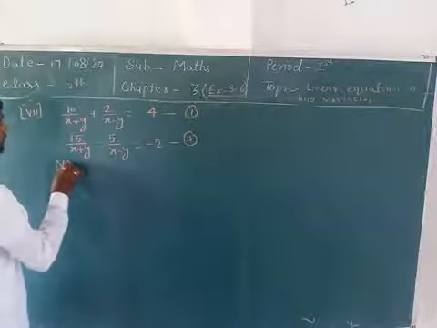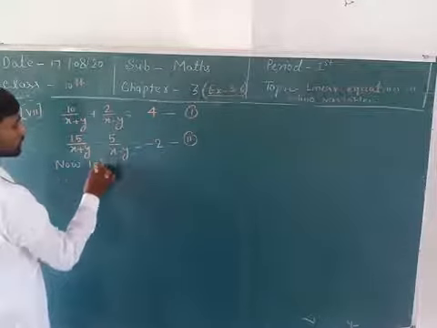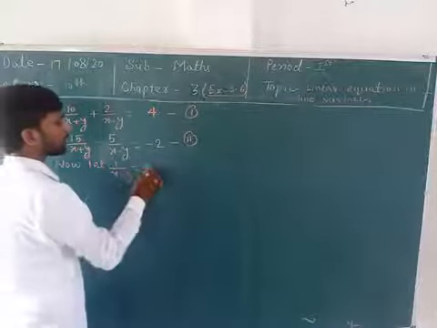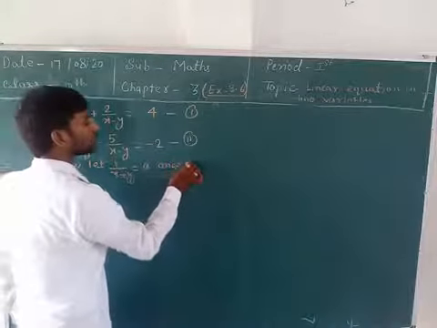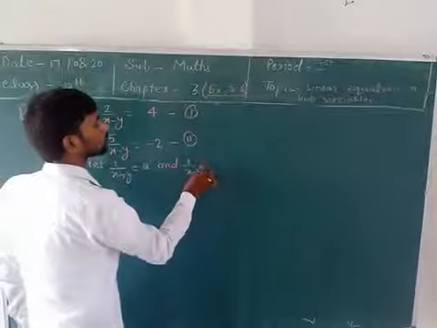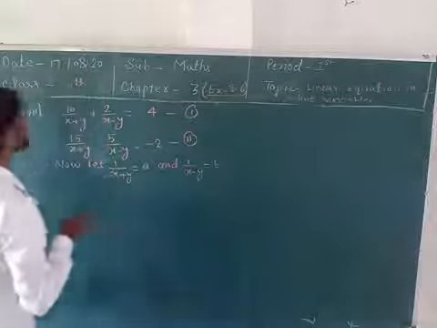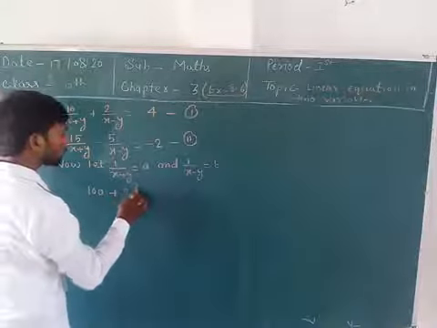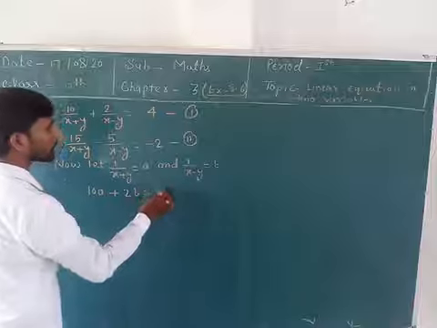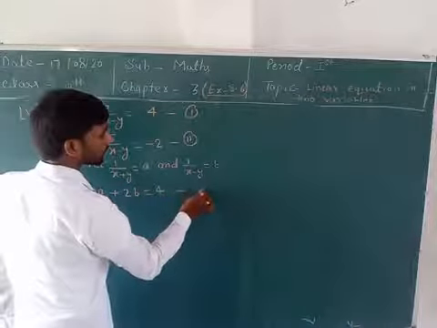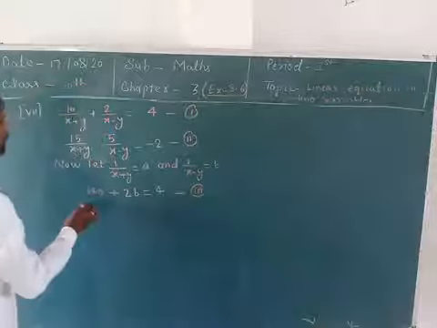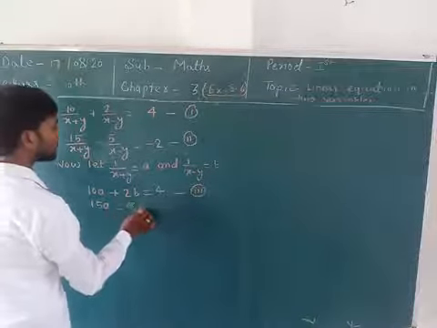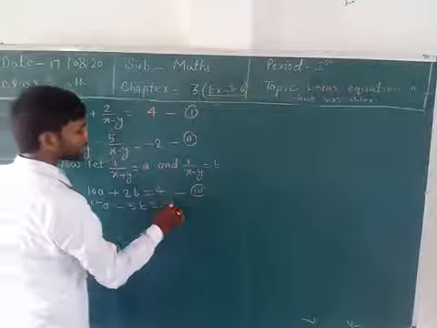Now let 1 upon x plus y equal to a and 1 upon x minus y equal to b. Then 10a plus 2b equal to 4. This is equation number 3. And 15a minus 5b equal to minus 2. This is equation number 4.